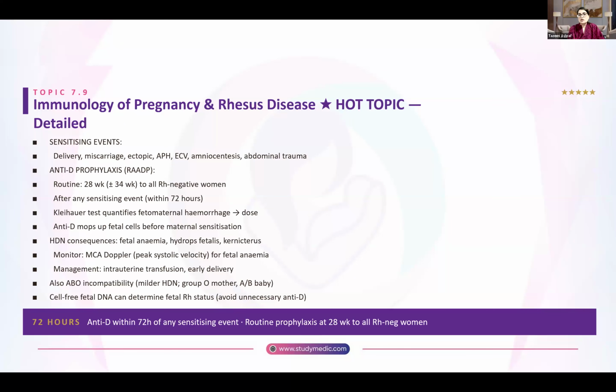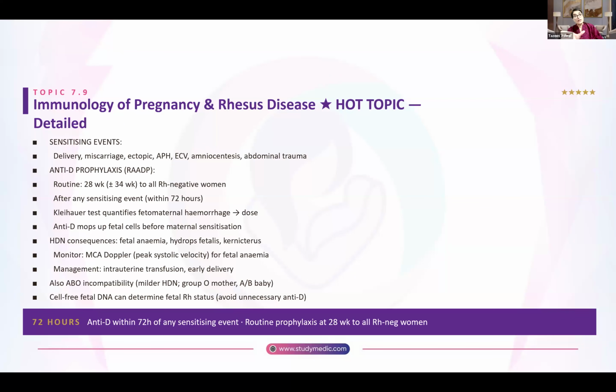In that scenario, they are trying to assess whether you know that you have to give anti-D, or whether you feel that you have already given prophylaxis at 28 weeks. If this patient is at 30, 31, 32 weeks and I have given prophylaxis, now there is no need of anti-D. Always remember that prophylaxis is given, but whenever there is a sensitizing event, you have to give anti-D, and that anti-D will protect the woman for 6 weeks.